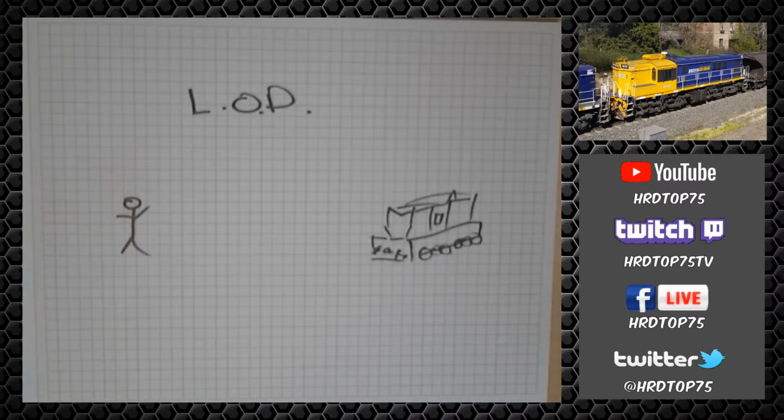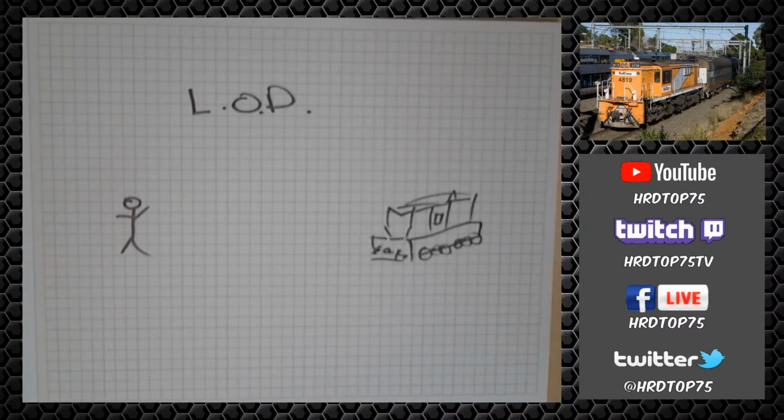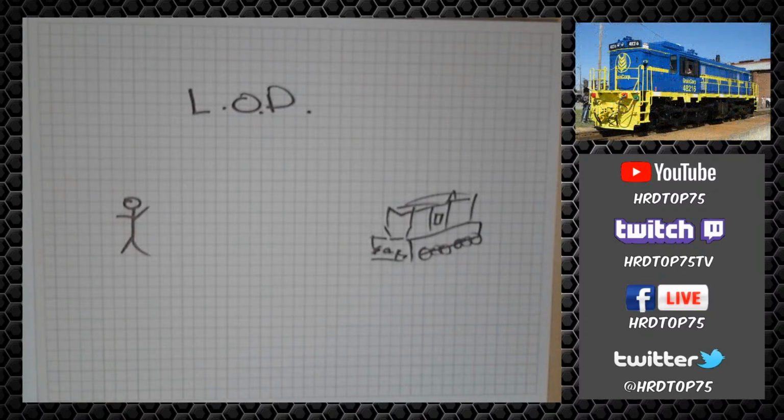Okay, so our train needs to be seen from a certain distance. However, we've also got to look at the rate of the land impact. So this is where things get just a little bit tricky.